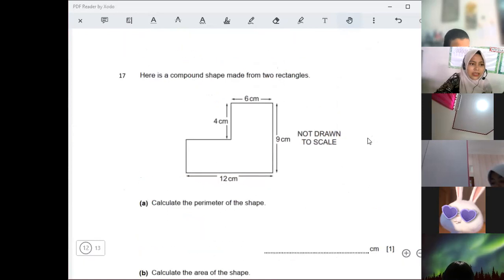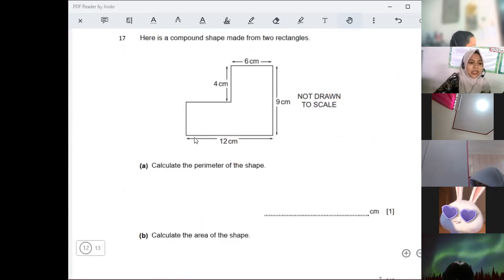Okay, next. The perimeter of these shapes. Can anyone do this? Maybe in the chat box. The perimeter. Okay, 54, 43, 42.